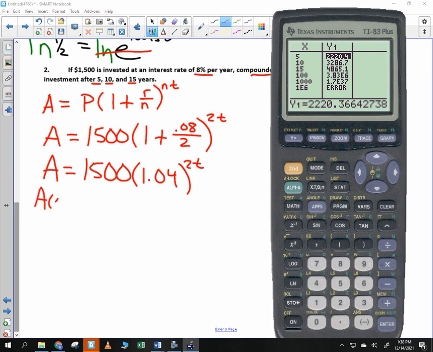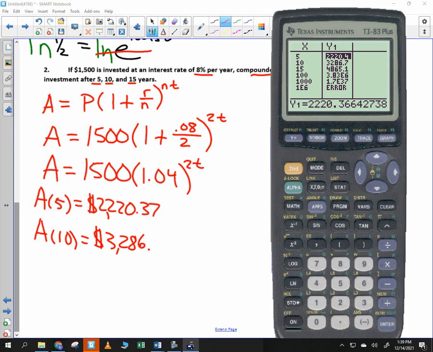So A of 5, if Maddie waits 5 years, her $1,500 turns into $2,220.37. If she waits 10 years, it turns into $3,286 and scroll down there, and 68 cents.